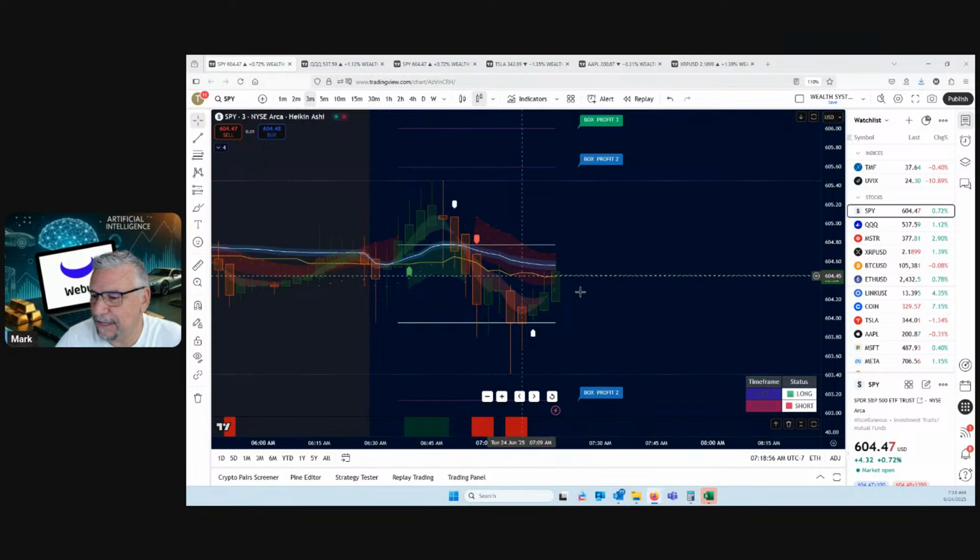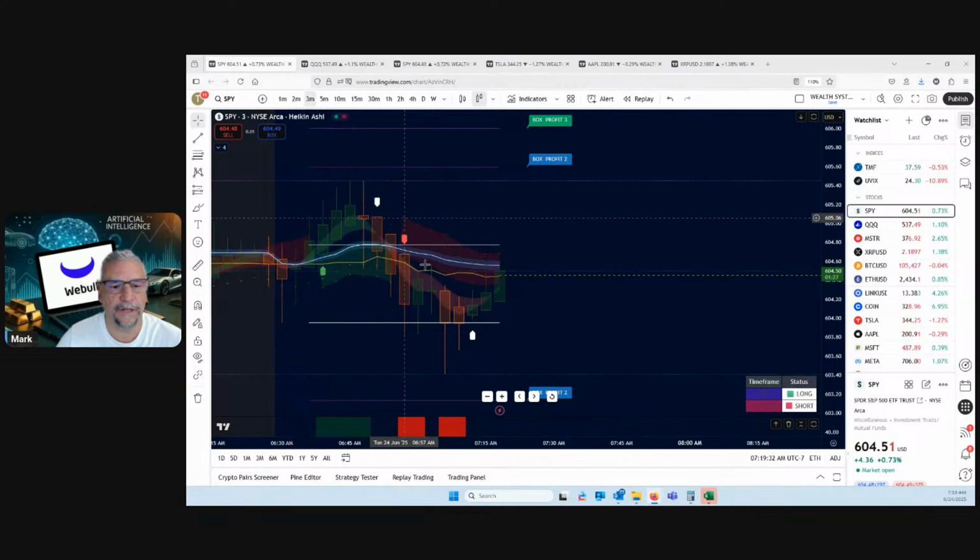All right, so SPY. You can see these white lines here are the opening high and opening low in the first 5 minutes of the opening of the market at 6:30 Pacific time, 9:30 Eastern time. And you can see it opened, touched the bottom, broke out of the opening high, came back, broke through the opening high, didn't confirm below the opening low, and is now reversing back to the opening high.